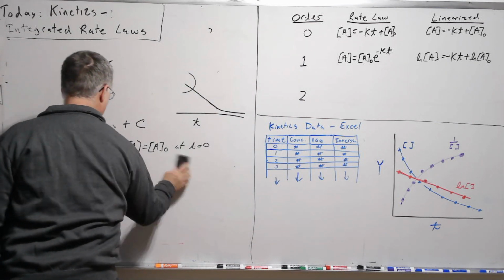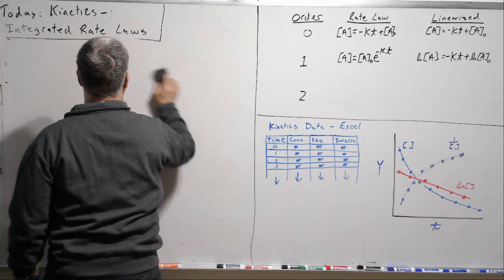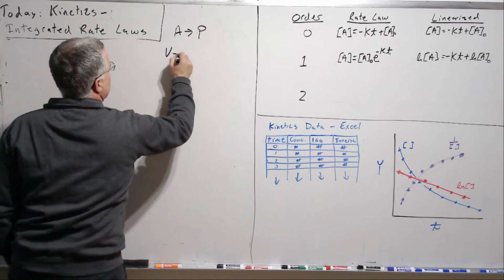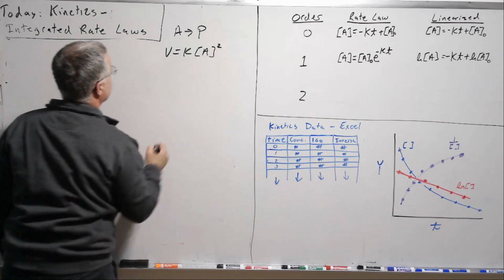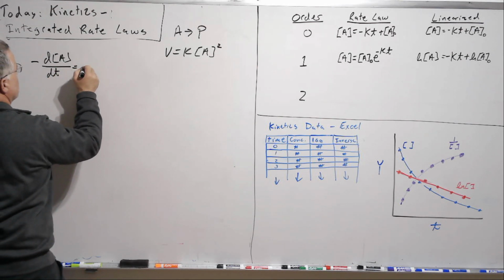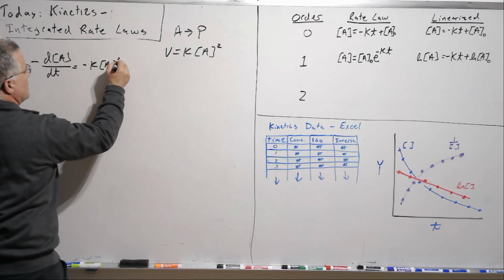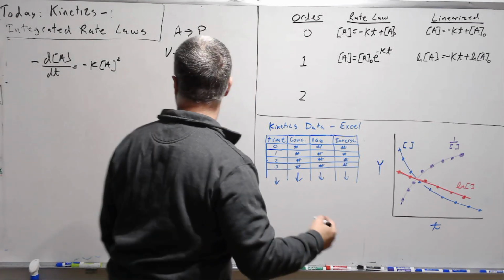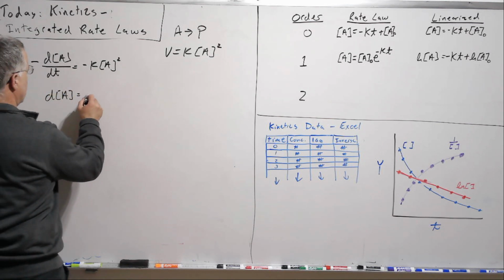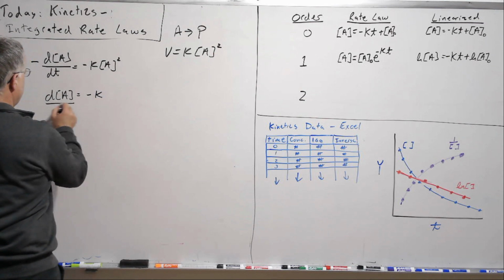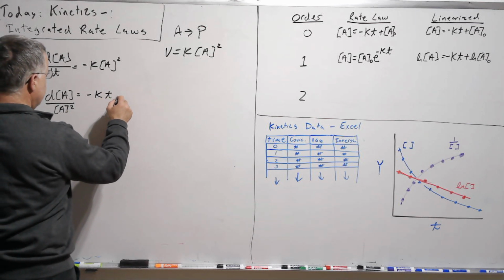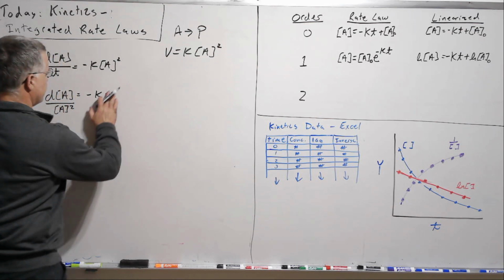And let's finally do 2nd order. And we get this separation of variables again. So dt.